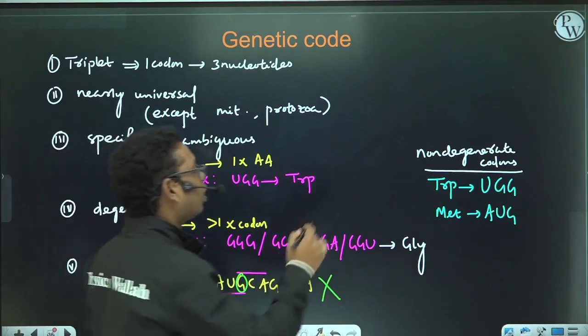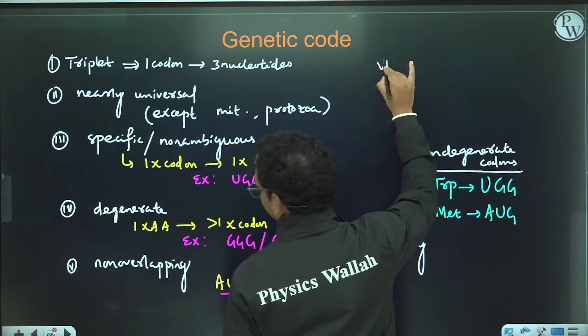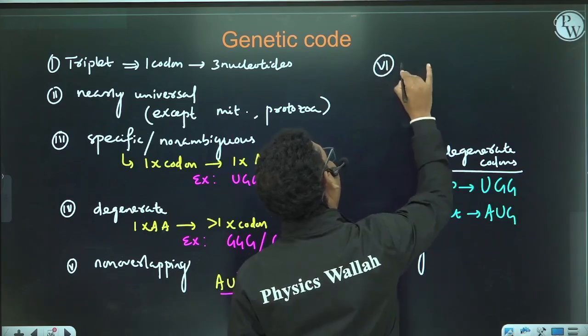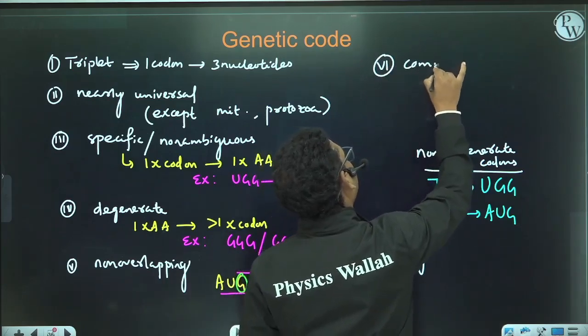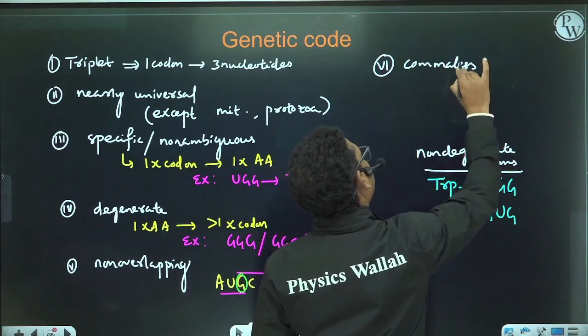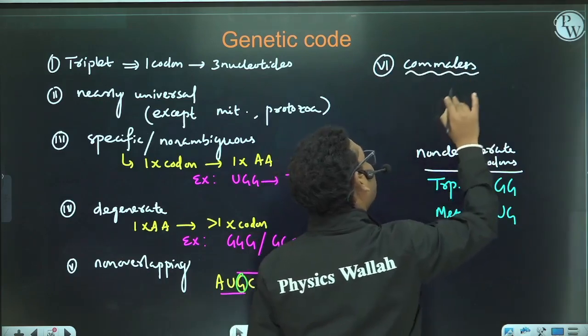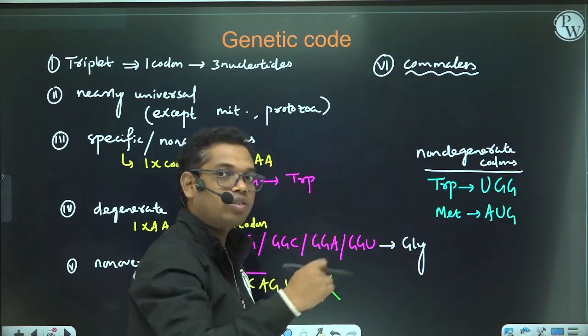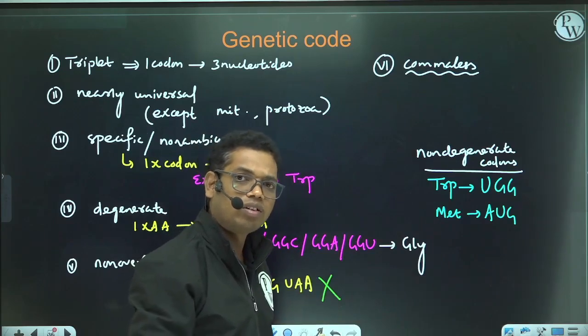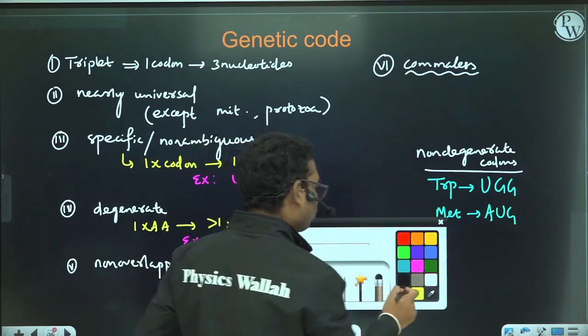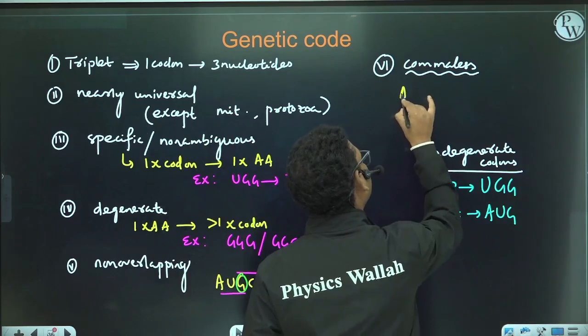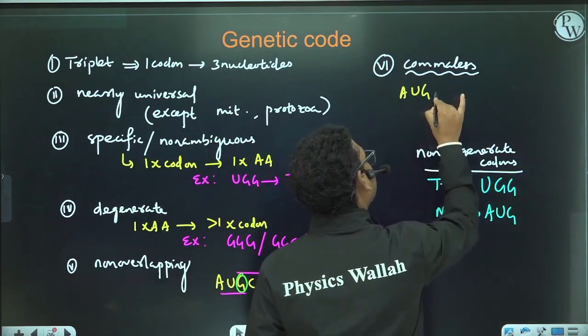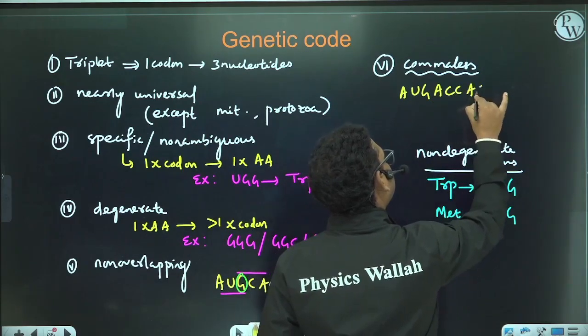And what about the other feature? The other feature is that the codons are commaless. That means you have to read the nucleotides continuously. Suppose I write nucleotides here like this: AUG, ACC, ACG.